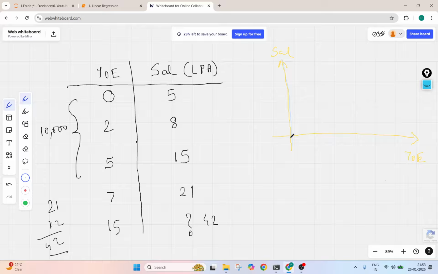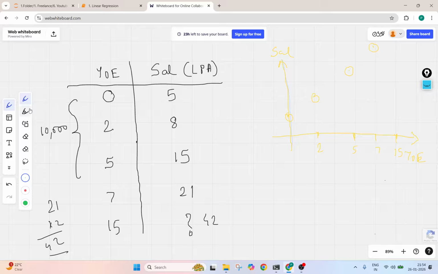For 0 years of experience, someone is getting 5 LPA. This is the point. For 2 years of experience, someone is getting 8 LPA. For 5 years, 15 LPA. And for 7 years, 21 LPA. Great. The question is, what is the salary when the years of experience is 15?